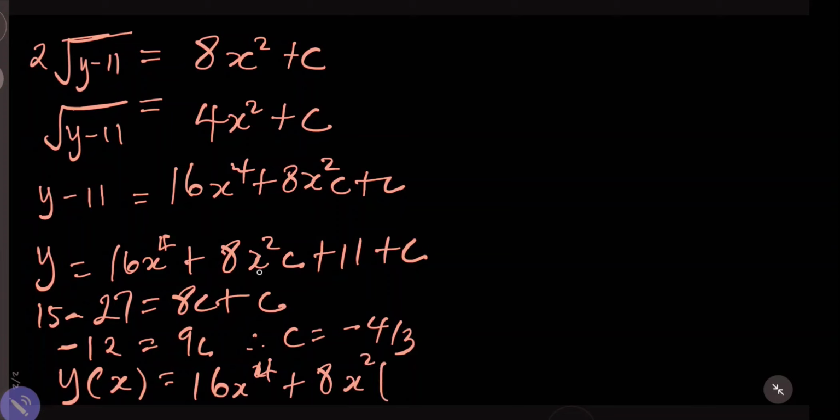Now our c is this, so we have minus 4 over 3 plus 11 minus 4 over 3. So we are simply just rewriting this.